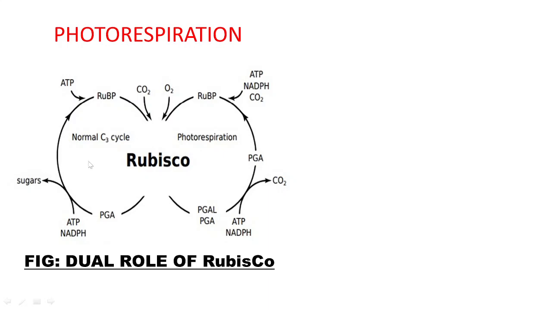Thereby the photosynthetic pathway gets hampered. So when is the possibility that the plant might get more oxygen? That is during the light reaction, as you have seen, oxygen evolution takes place. If the oxygen evolution is higher, then Rubisco will act to carry out photorespiration and thereby hamper the photosynthetic pathway.